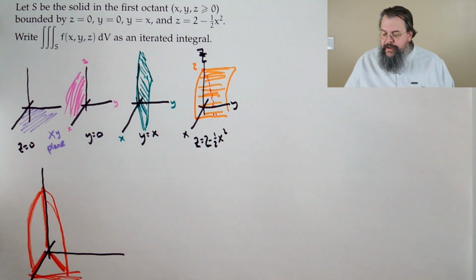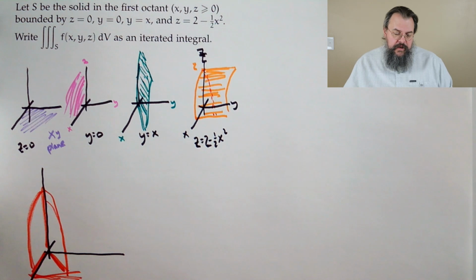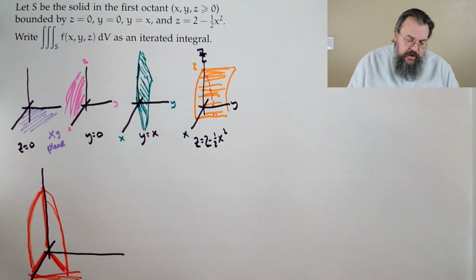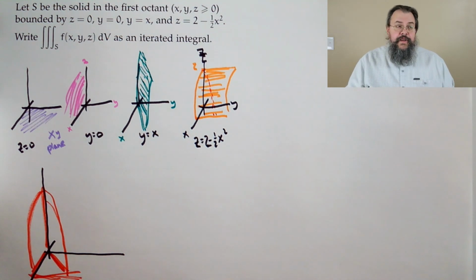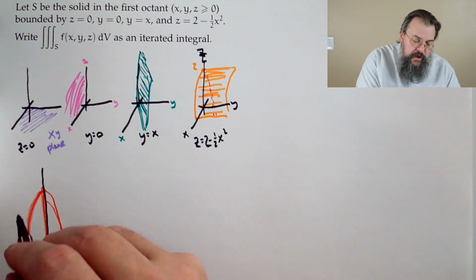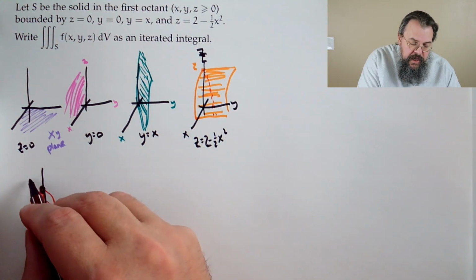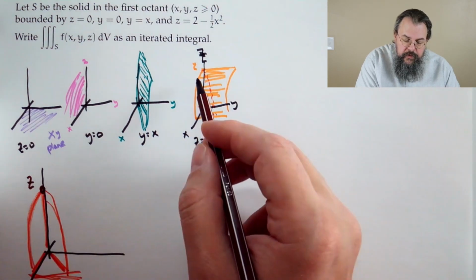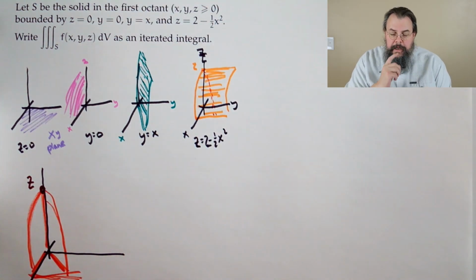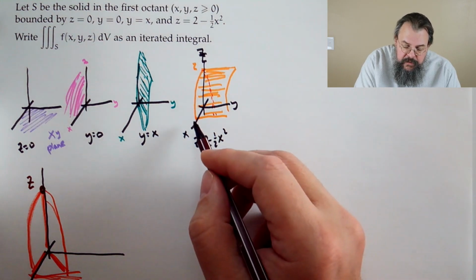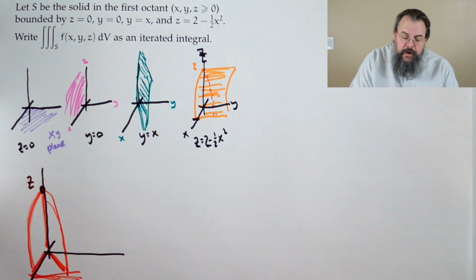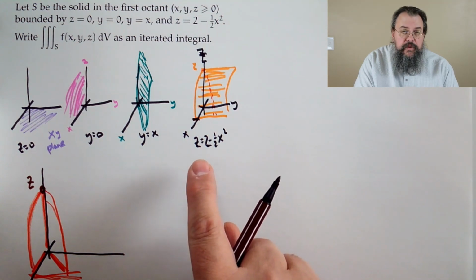This is it. We have all of our pieces coming together, and now we can start marking where certain things happen. So, for instance, here, this would be at z equals 2. How about here, this point? Well, where would that be? Well, that would correspond to where z equals 0.